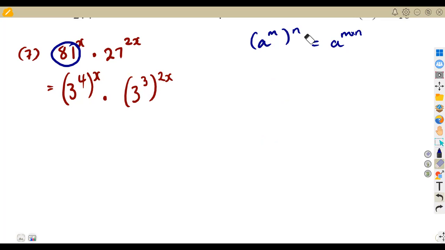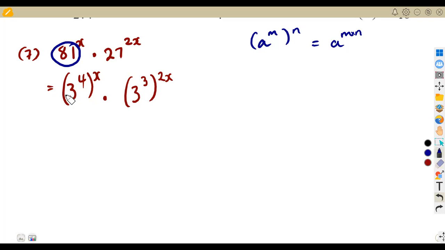If you know it from the calculator, use your calculator to check which one exactly represents 81 in terms of 3, and 27 in terms of 3 also. So these are the typical approaches that you are going to have in your syllabus, working with typical questions of this nature.